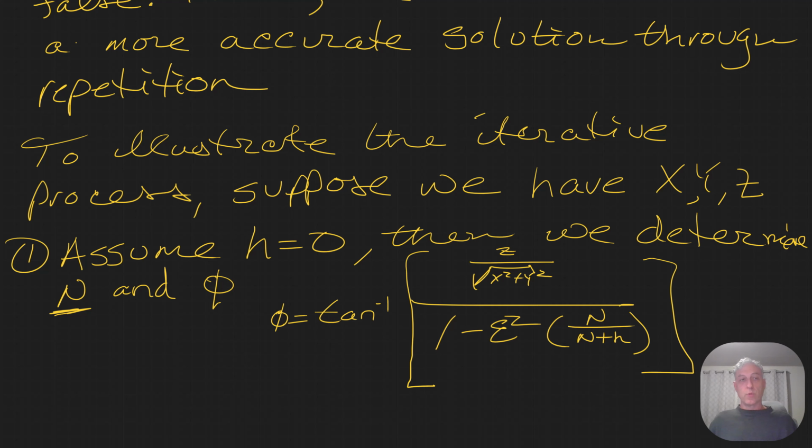So if we're going to assume h equals 0, then h goes to 0, and n over n is just 1. So we just have our 1 minus epsilon squared. It simplifies things pretty substantially.